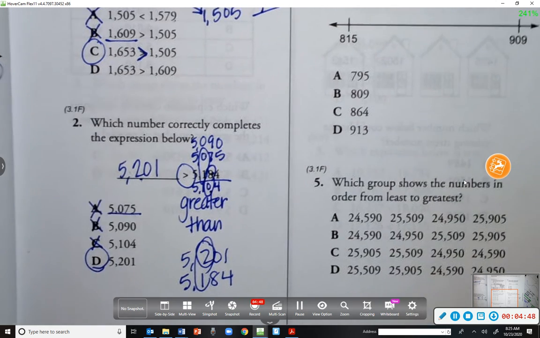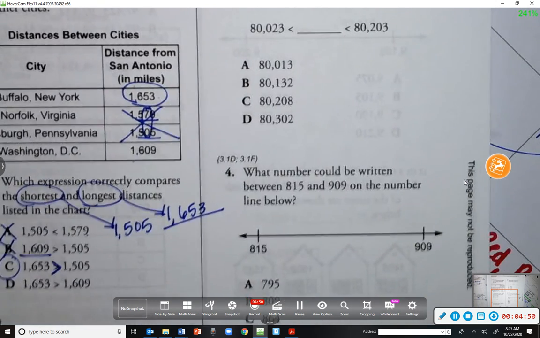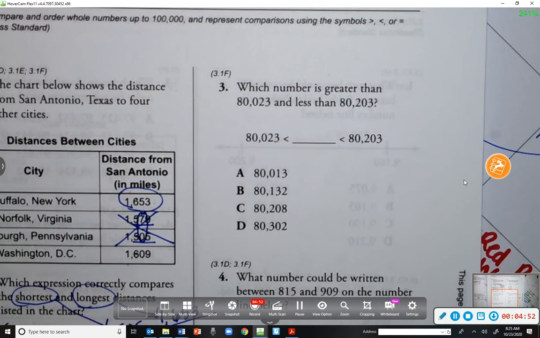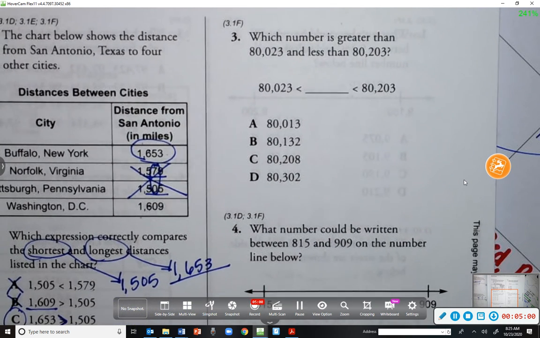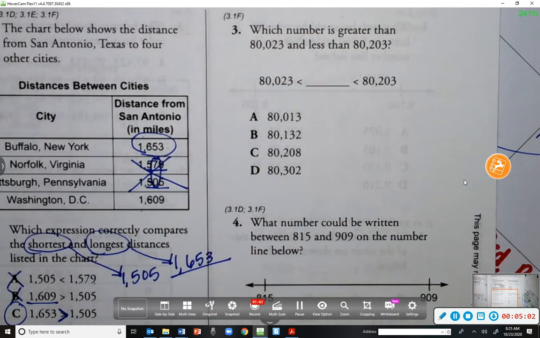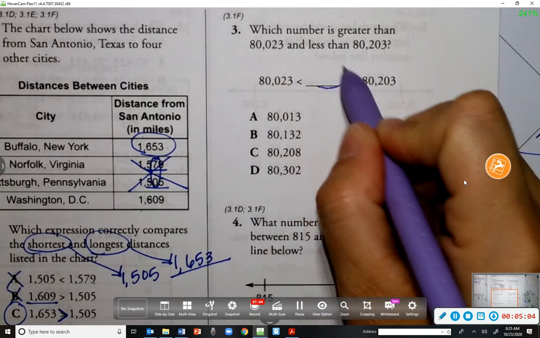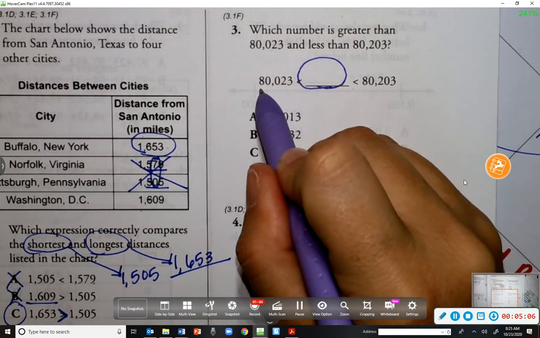Okay, number 3. Which number is greater than 80,023 and less than 80,203? Okay, so the number in the middle needs to be greater than this.